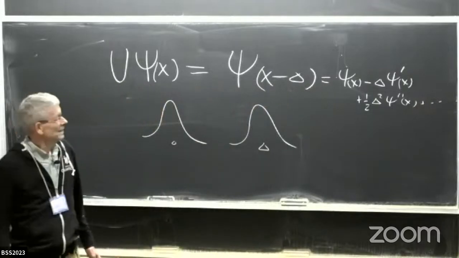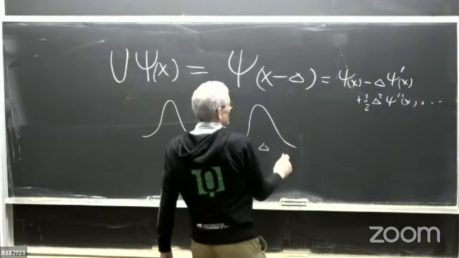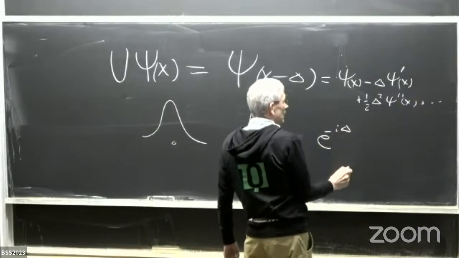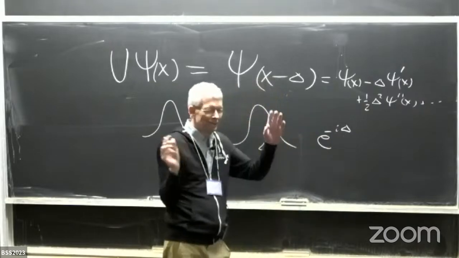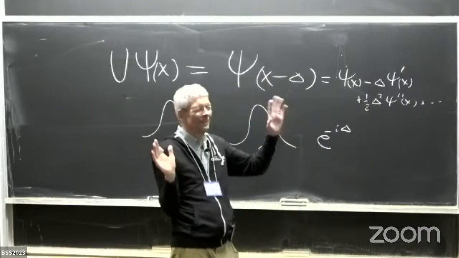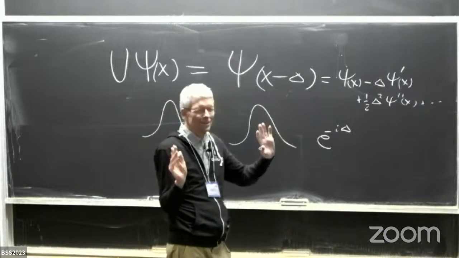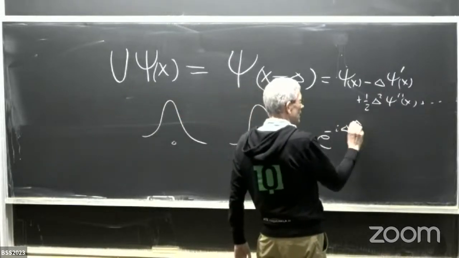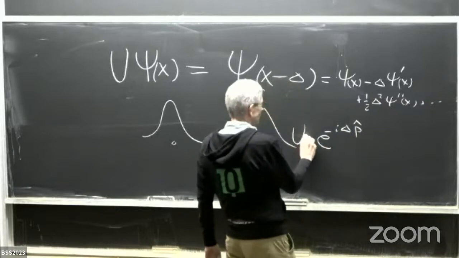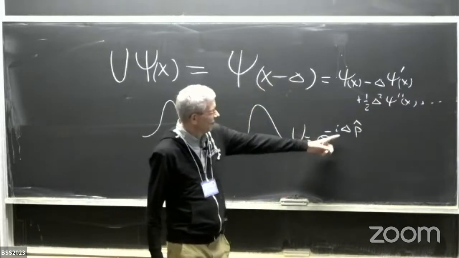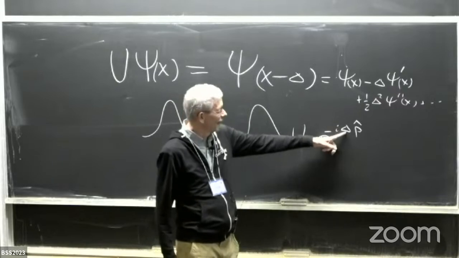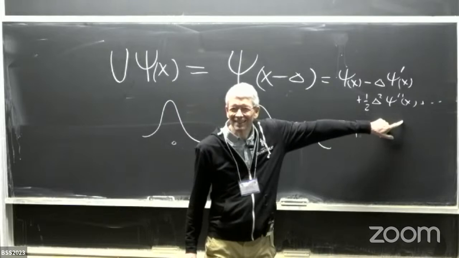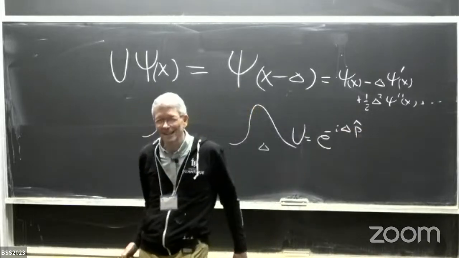So this Taylor series, going back to regular units where P is the generator of displacements, not 2P in the Wigner units. If you expand this exponential, you get powers of delta and powers of derivatives, because P is minus i d/dx.